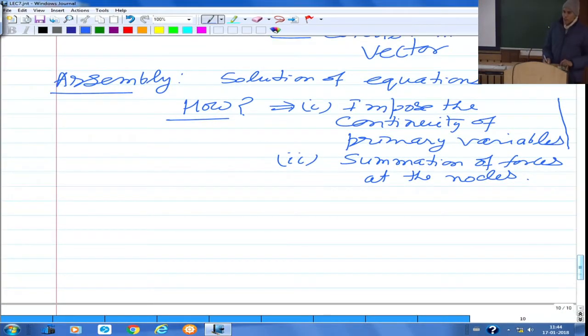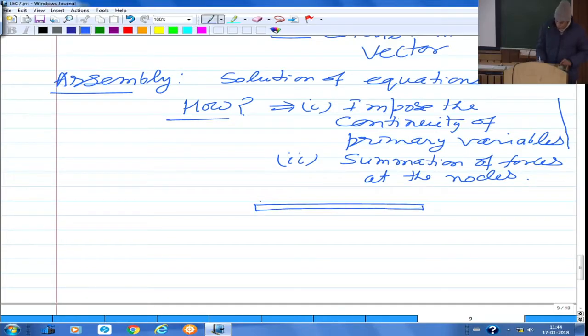Let me take a simple example, the same problem but discretized into only 2 elements. Assembly means we are assembling all the elements together, so we have to refer back to the discretization. Without putting the boundary condition, let us say we have discretized the entire domain into 2 elements. This is the first element, this is the second element. Each element has 2 nodes, but we have to have a global node numbering. Let us say the global node number for this is 1, this is 2, this is 3.